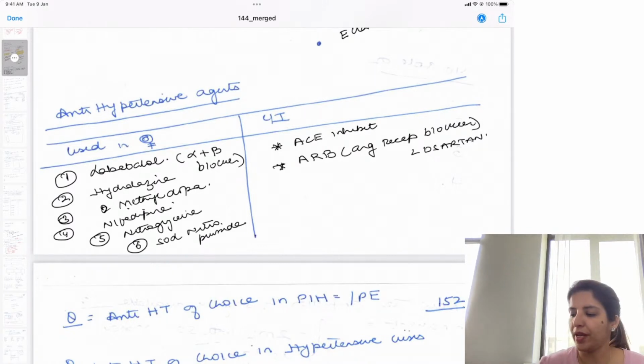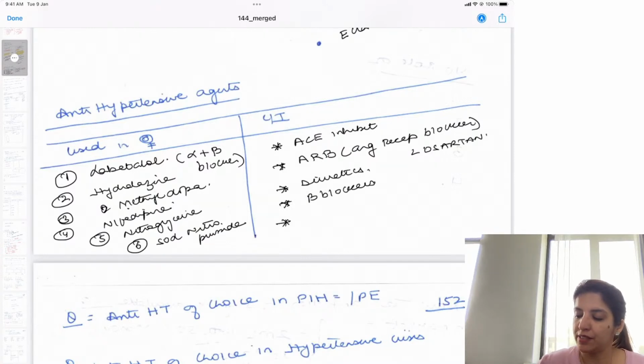Right? Then your diuretics, then beta blockers and diazoxide. Clear? Have you all copied this list?